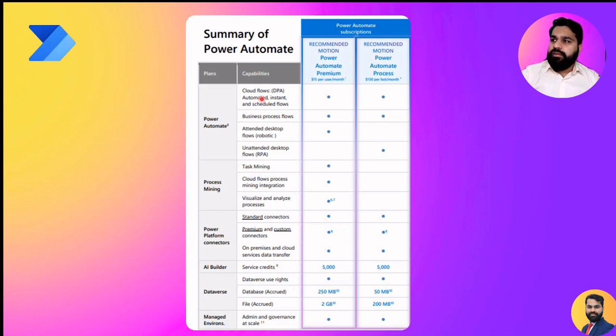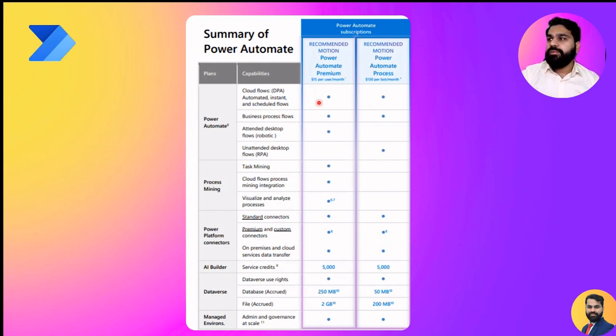From the capability standpoint, cloud flows, which are automated, instant, and scheduled flows, users will be able to trigger these. Now, Sunil Kumar, a user of an organization, is allocated a Power Automate premium license, which is $15 per user per month.